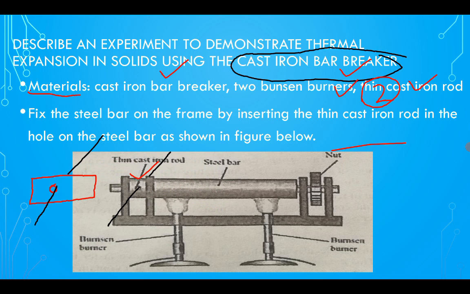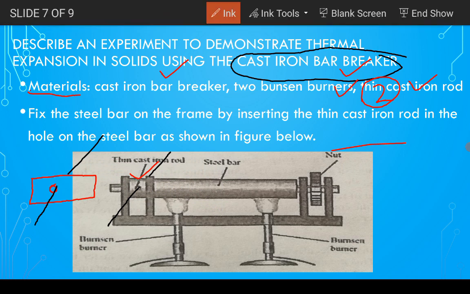Secondly, we have two Bunsen burners. The steel bar is heated by the two burners. You have burner one there, you have another burner there. It is important to heat the steel bar using two burners in order to make sure that the heat is uniformly distributed, or put simply, to ensure that the whole steel bar is heated.